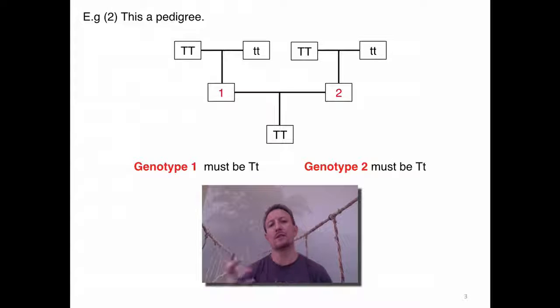Now when you put 1 and 2 together, would they produce an organism that's homozygous dominant? The answer is yes, because you've got 2 T's in the gametes, so those 2 gametes can come together and form that one. So that's a way of checking. You can use this pedigree chart to go through and say, this joins with this and this joins with this, and so on.